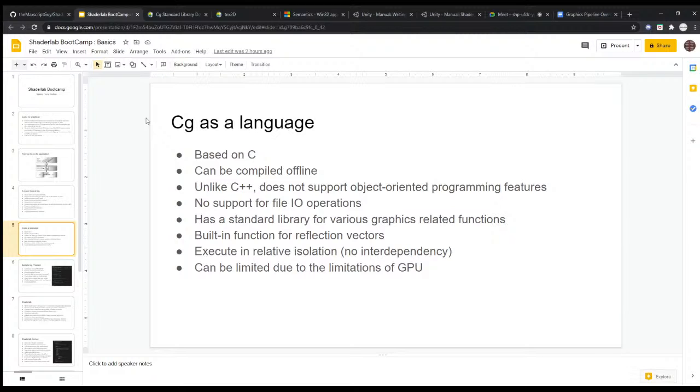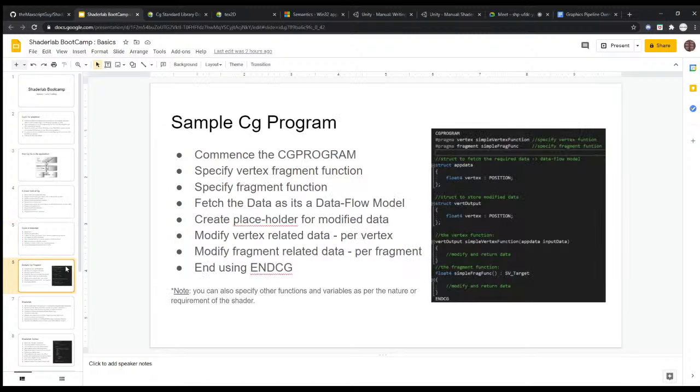That means there will be no dependability, and hence it will not cause any errors or throw any execution errors. And the last thing is, as NVIDIA says itself, that it can be limited due to the limitations of the GPU. That is okay. If your GPU does not support something, it just does not support something. I cannot just run ray tracing on a non-ray tracing supported GPU. So it's pretty much simple and straightforward.